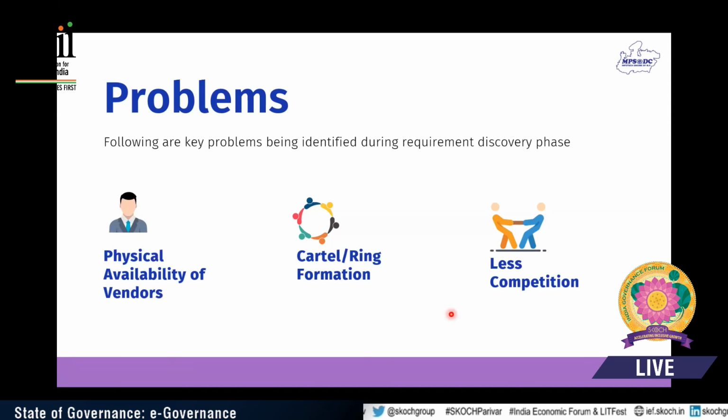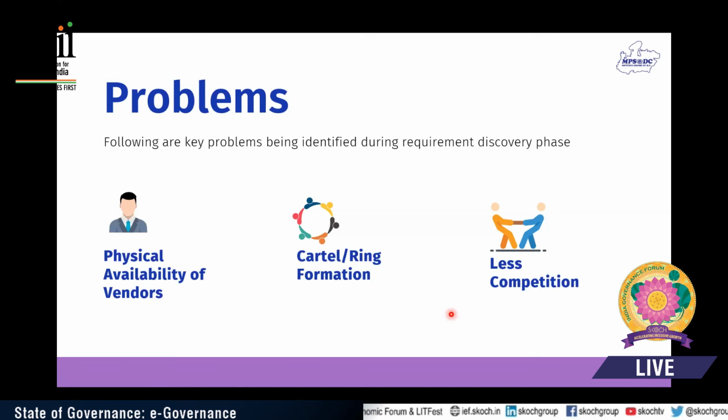Second is cartel or ring formation. What we noticed during the discussion while gathering the requirements is that there are malicious activities which could happen, or which might be happening at that point of time, wherein a few vendors come together and settle on a price that they want to bid on certain species, certain timbers or certain lots, or not.